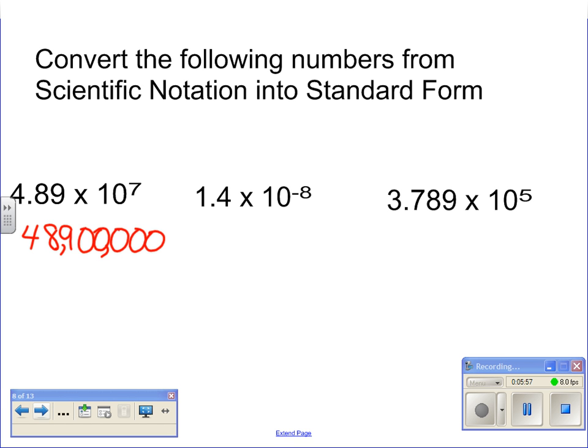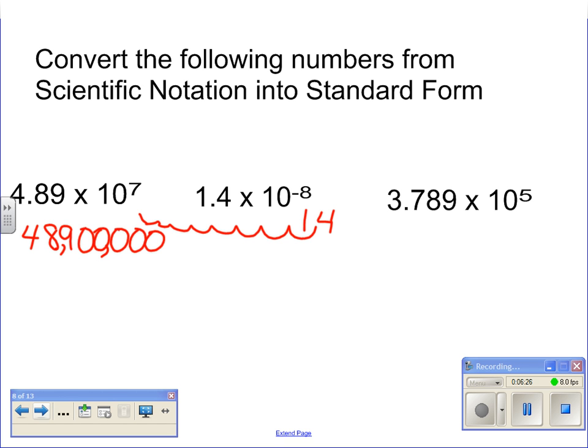Next, we have 1 4/10 times 10 to the negative 8. So we're going to have a lot of zeros moving to the left. So we start with our 4 and our 1, and I like to put in the actual 1, 2, 3, 4, 5, 6, 7, 8.